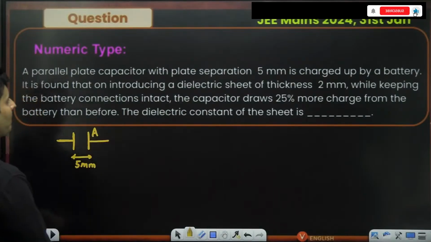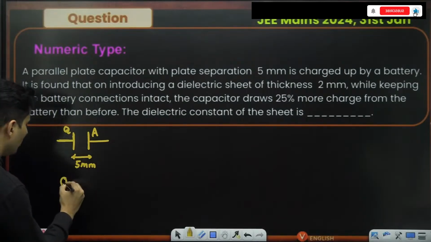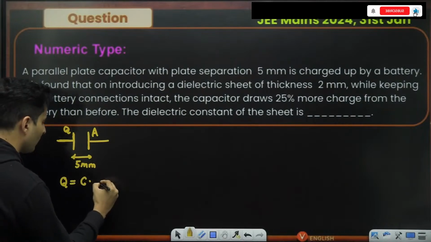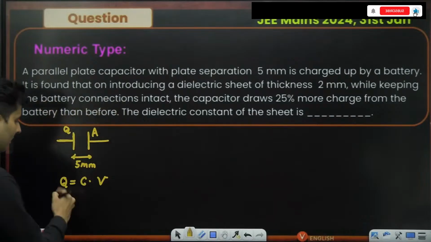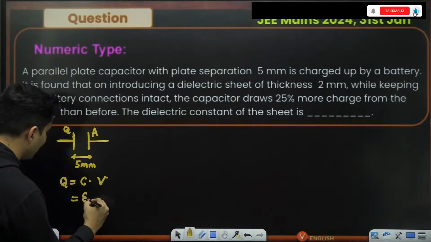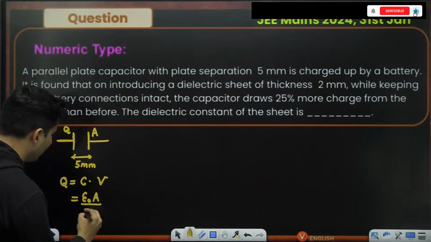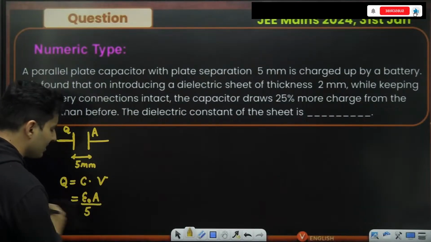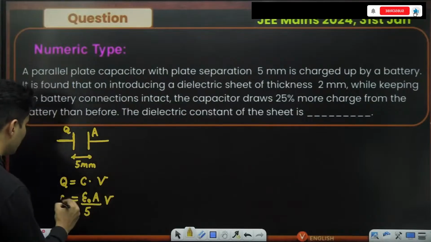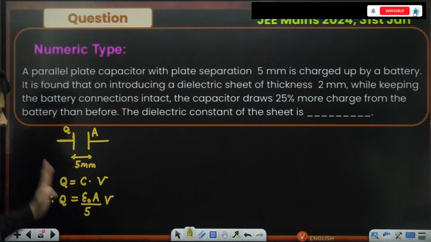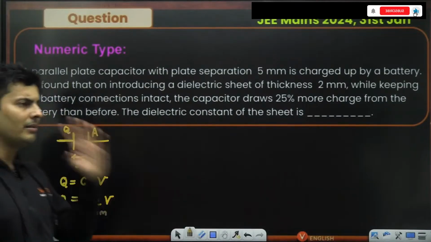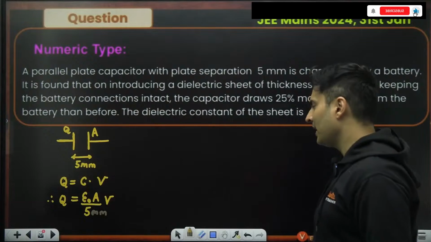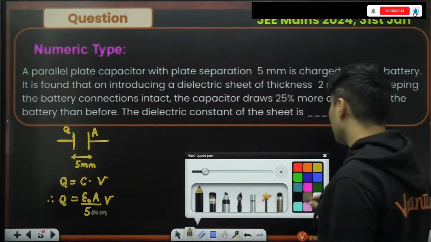The area is A, and let's say the charge on it is Q. Then Q is equal to capacitance into voltage, and the battery connection is intact, which is also mentioned. Capacitance is epsilon naught A divided by D, where D is 5 millimeters. Let's keep the units as millimeters throughout the problem and not change them. If I have to use this formula again, I will keep it in millimeters only. No harm in that, I can choose my units as long as I maintain consistency.